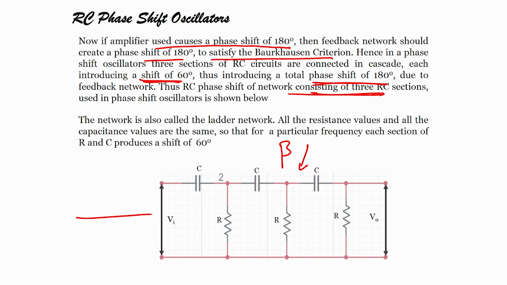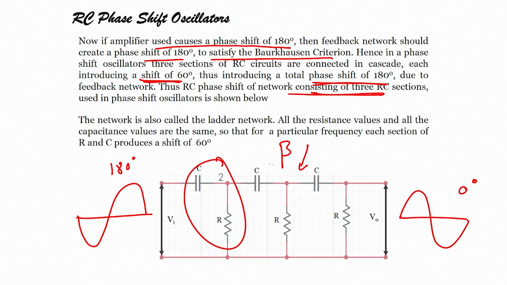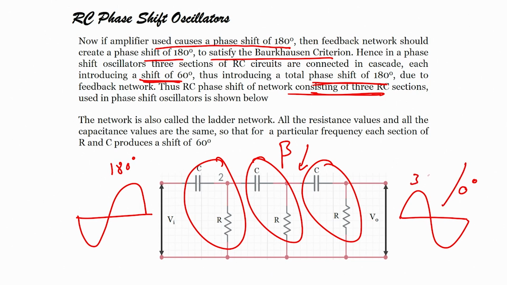So, if I apply an output voltage which is 180 degrees out of phase with input, then my feedback to the input will again be 0 degrees, because 180 plus 180, this is 60 from here, 60 from here, 60 from here. So, 180 degree phase shift becomes 0 or 360 degree phase shift, right.